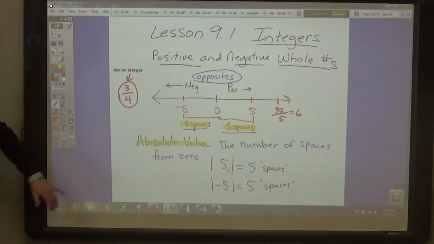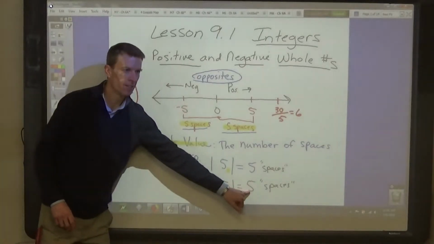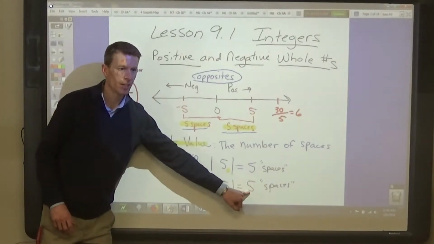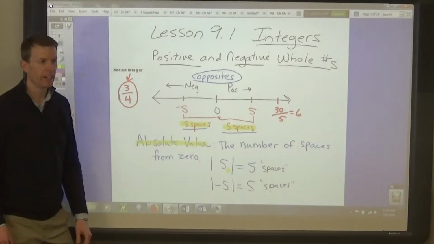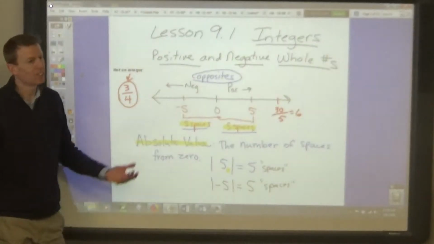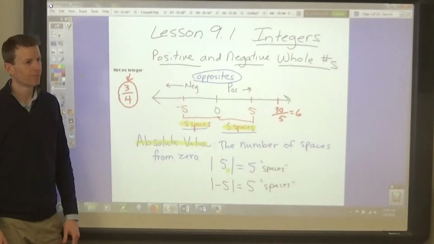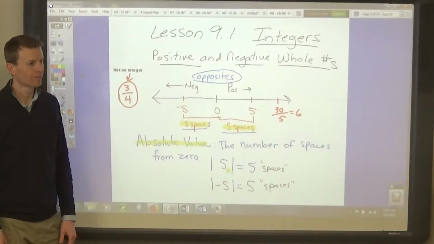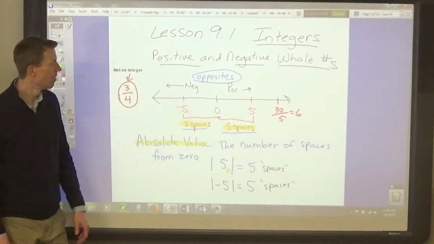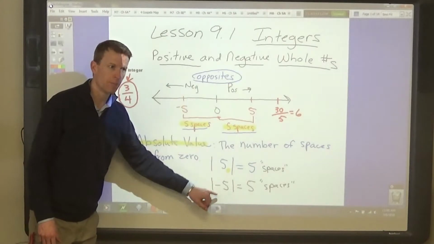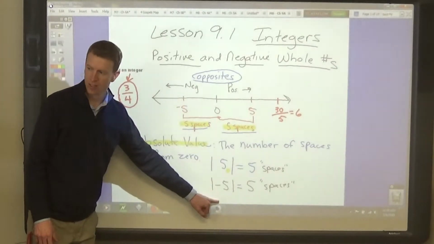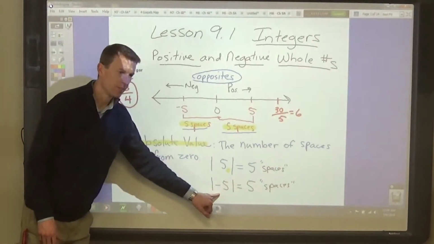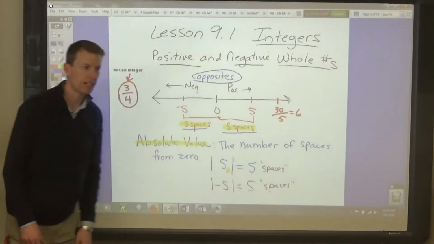Well, the absolute value of -5 is 5, and 5 plus 3 is 8, so it would just be 8. That's how the absolute value works. It turns the negative into a positive because it's referring to its spaces away from 0.